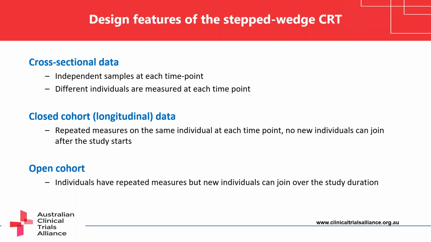The other types are the cohort designs, where you can have a closed cohort, or longitudinal data, where the individuals are all recruited at the beginning of the study, and then we have repeated measures on the same individuals at each time point. But no new individuals can join after the study starts.